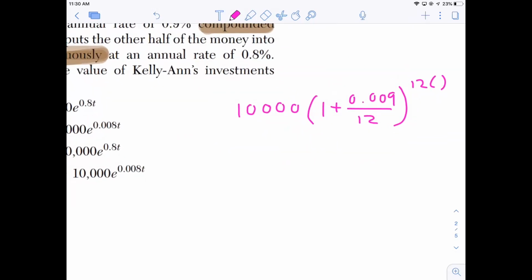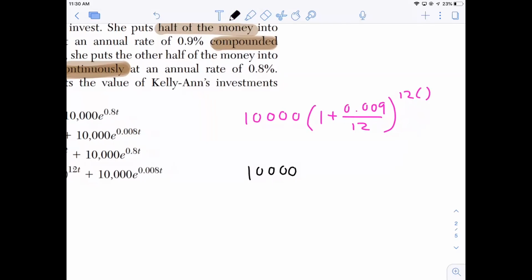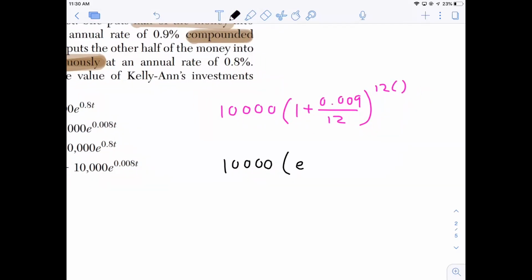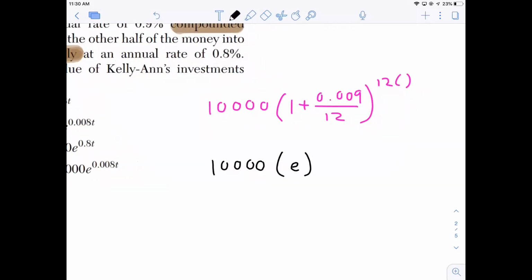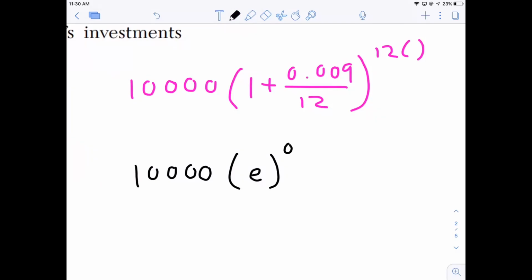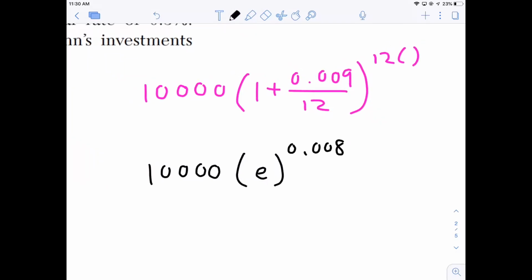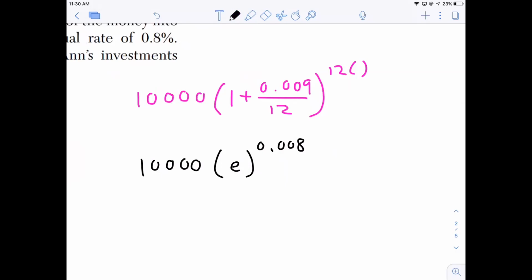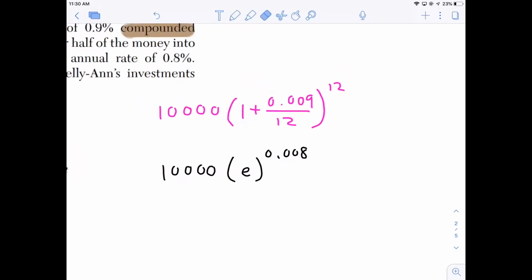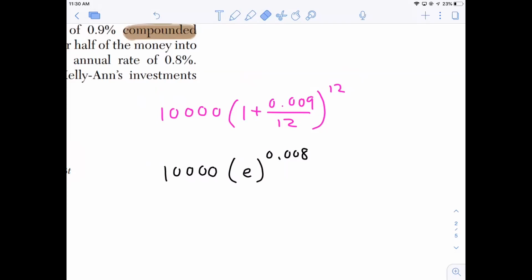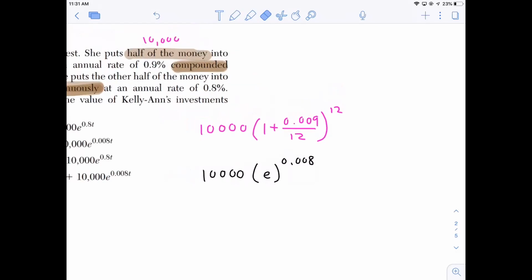So for the other half, the continuous growth, she's investing another 10,000 times e to the rate 0.008 for 1 year, so just times 1. And that's how you can calculate the amount when it's growing continuously.